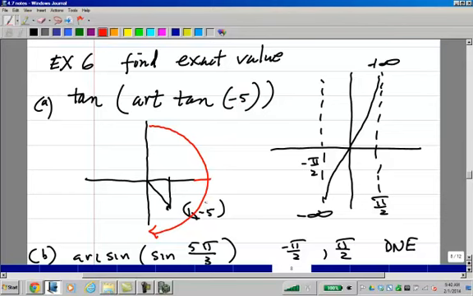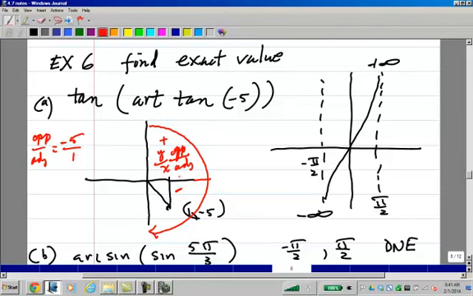Okay, so in those two quadrants, it can only be in one place, because the tangent is negative. Remember, the tangent is y over x, or opposite over adjacent. So it's positive in quadrant 1, and it's negative in quadrant 4, in which y is negative and x is positive. All right, so we have opposite over adjacent equals negative 5 over 1.